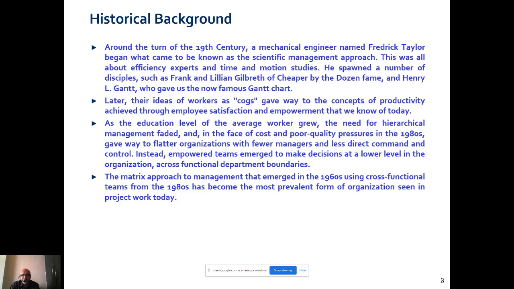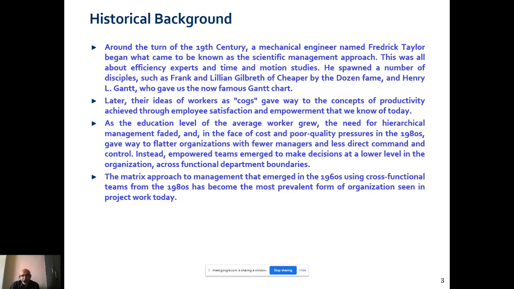So therefore, in the face of cost and poor quality pressures, it gave rise to wide organizations with fewer managers, less direct command and control. So, big teams but few managers. This was the result.